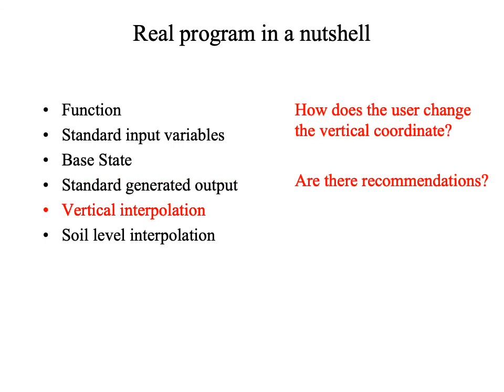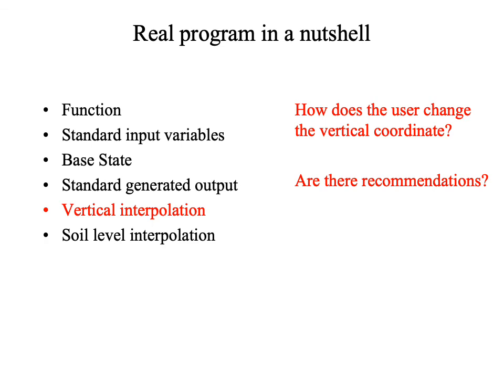There are a large number of vertical coordinate options inside of the real program. Those are defined inside the registry, and the user may put those inside of the namelist.input file.